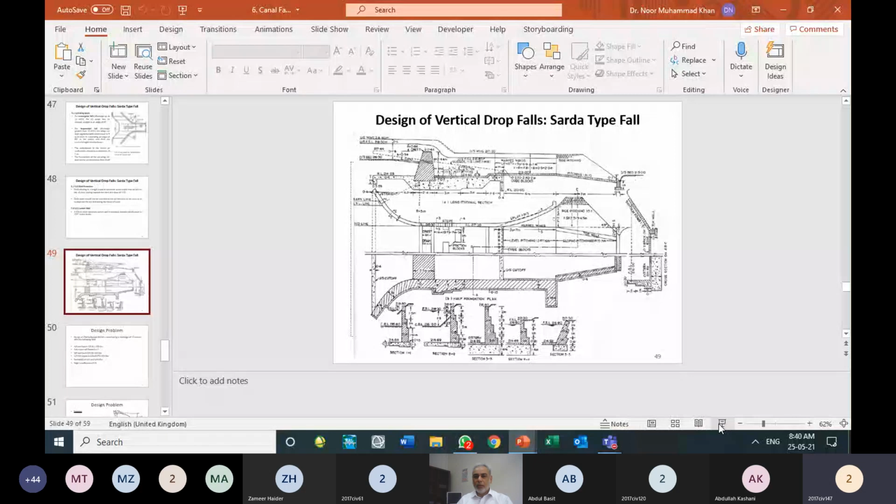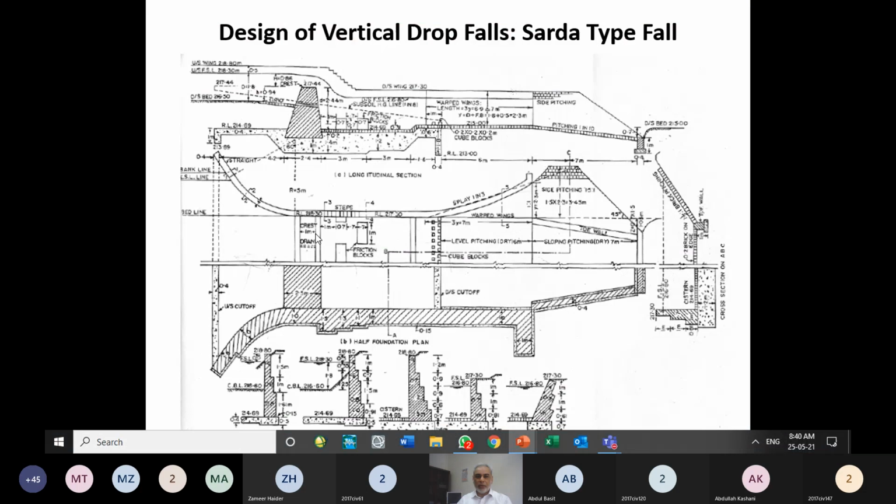So I was trying to explain the construction of this vertical drop fall, and I was telling you that even if there is a trapezoidal channel on the upstream side, when we have to provide a fall, this shape is converted into a rectangular channel with the help of this wing wall. And once it is made rectangular, over here we provide a wall all along the width of the canal.